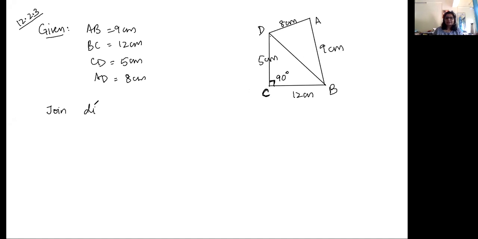join diagonal BD. Therefore, triangle BCD is a right angle triangle.